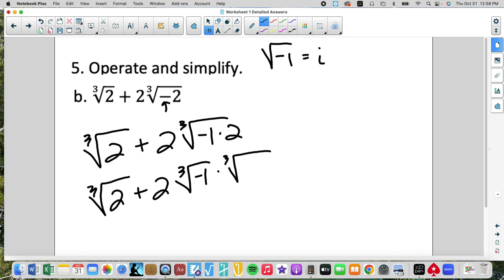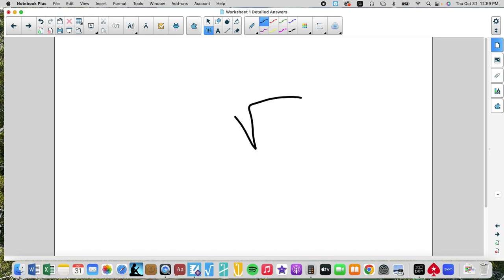Here we go. Cube root of 2. So, okay. Yeah, cube root of -1 is doable. That equals -1. So we have the cube root of 2 times, this is going to equal -1, because the cube root of -1, well, we can write that as -1 times -1 times -1.